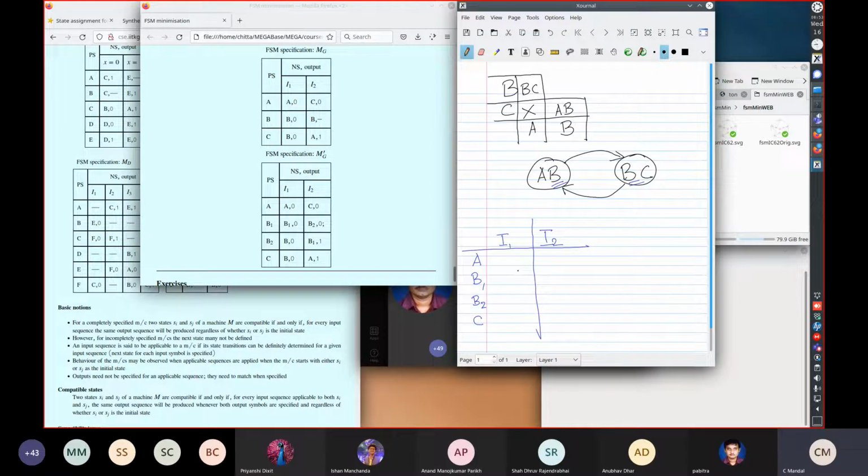All right. So what we have done is A0, C0. Now this we are sending to B1, the output is 0. And this we are sending to B2 with an output of 0. Just a minute.